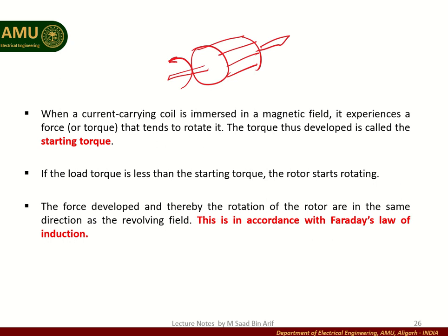Now see, if there is a load attached to the rotor, for example a pulley load or any type of load, or any big wheel attached to this rotor, then if this starting torque is less than the load torque, the rotor will not rotate.